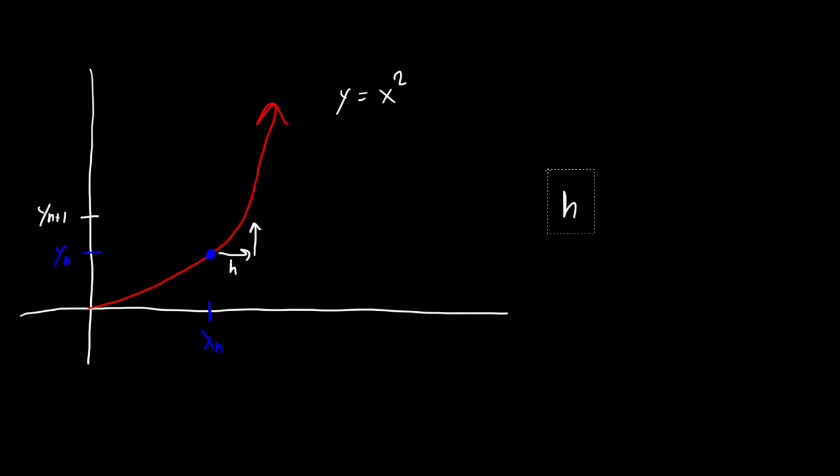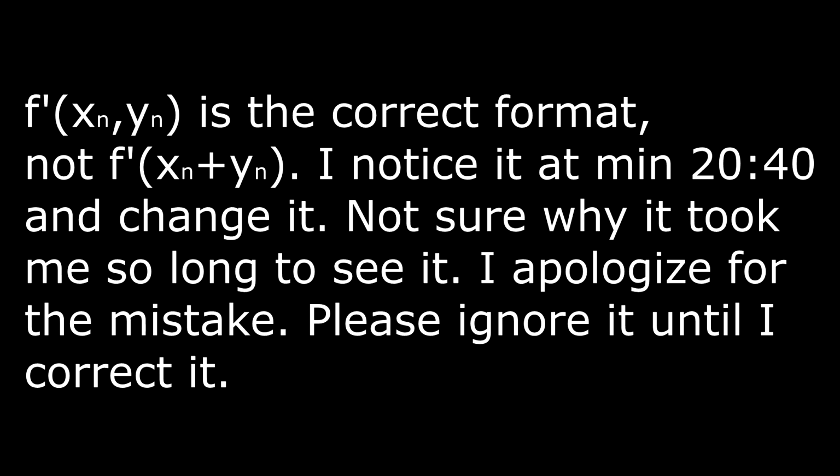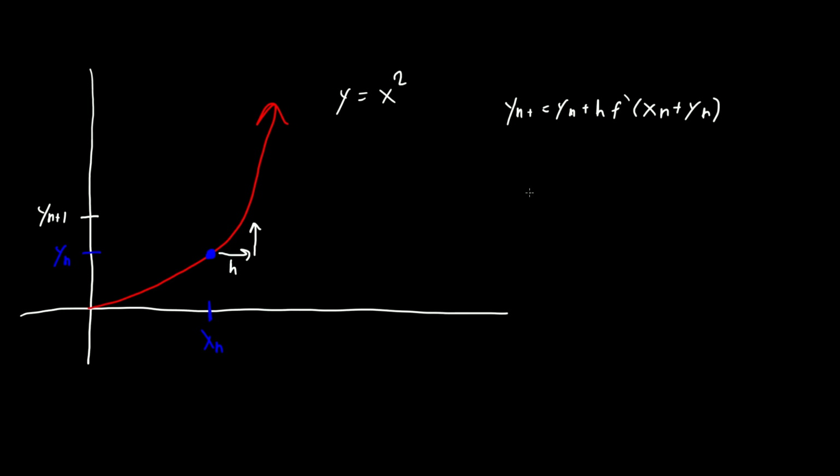So let me just delete this really fast, and I am actually going to bring up the equation. So the equation was y sub n plus 1 equals y sub n plus h times f prime of x sub n. And then let me rearrange it a little bit. And I did forget my 1 here for some reason.